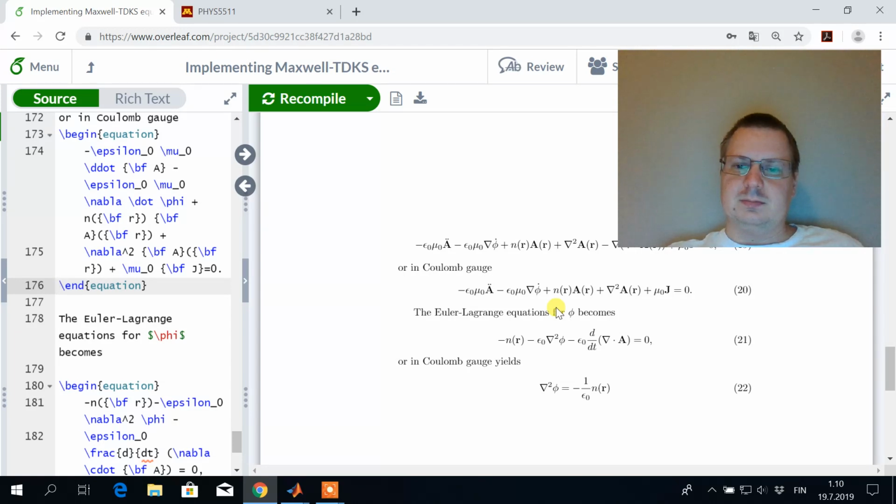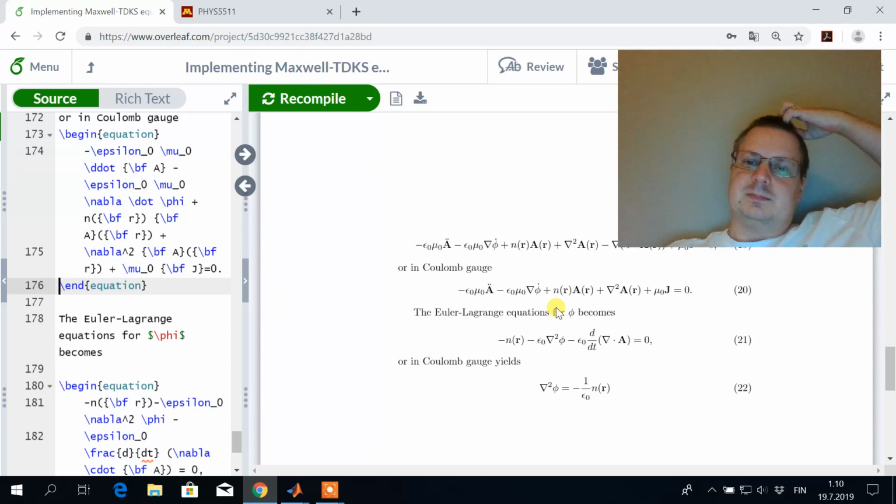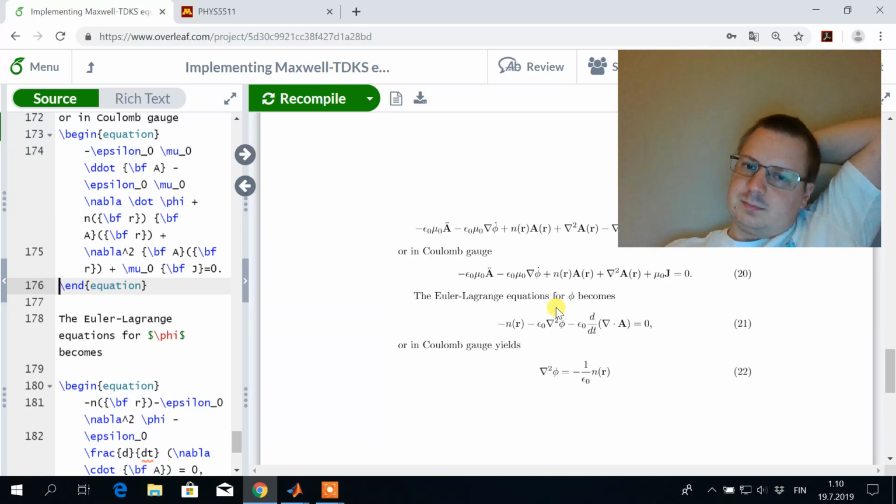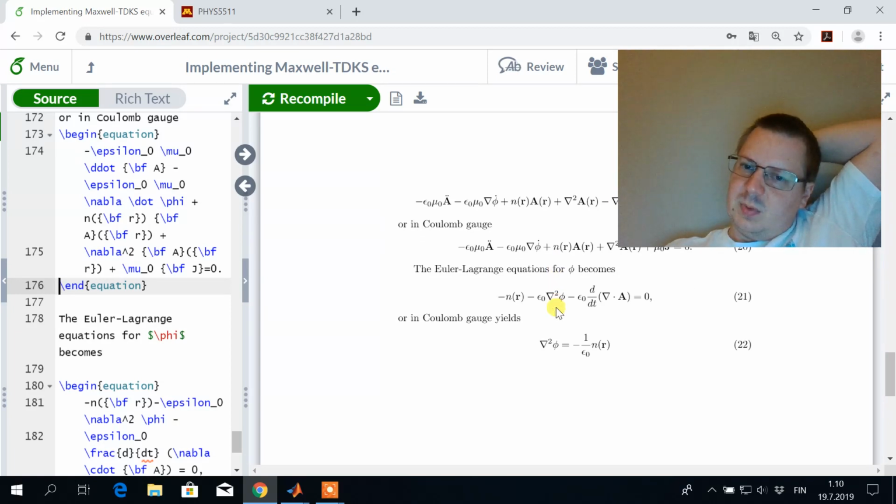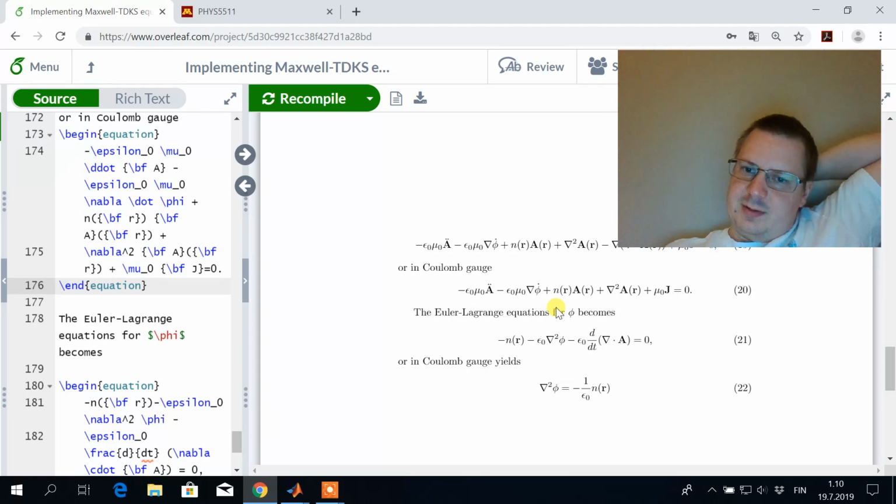So I wonder, is now time to start to implement this.